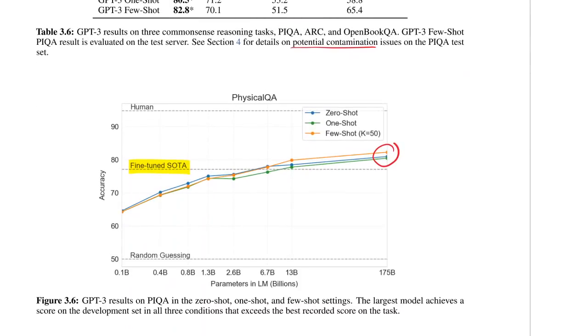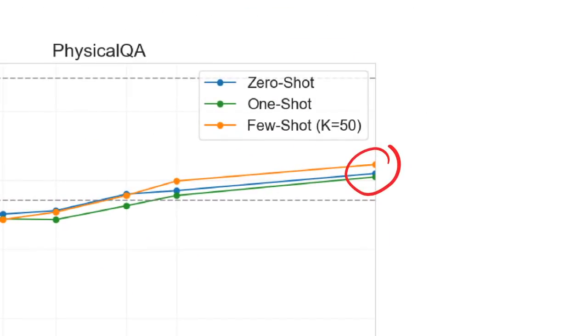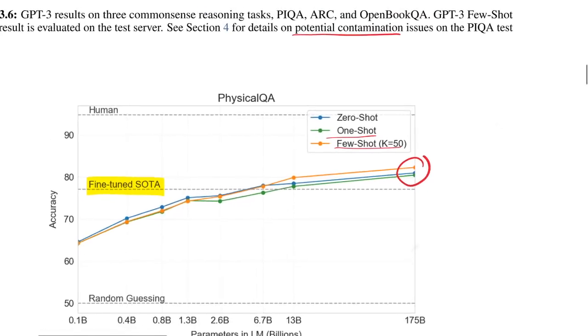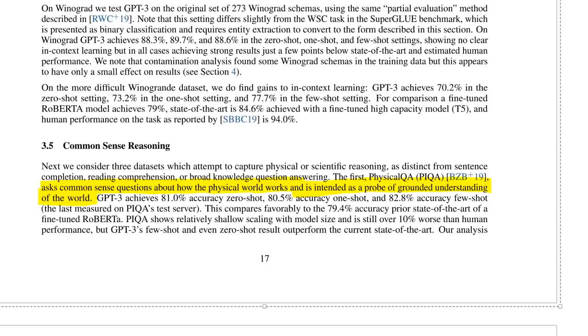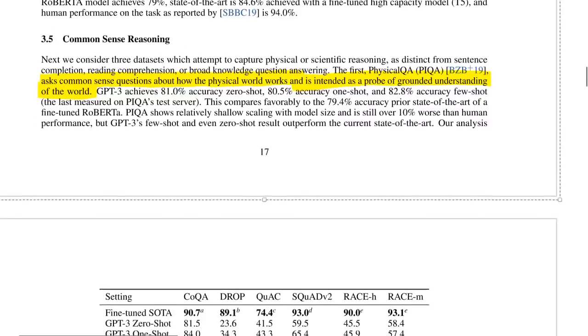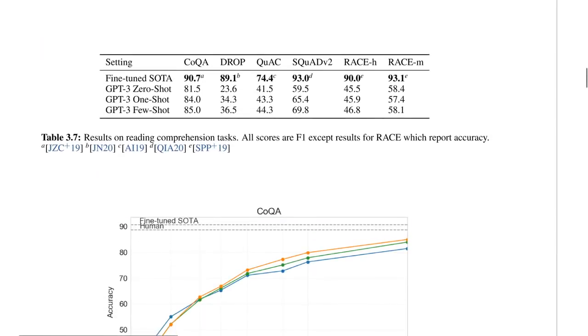And also the fact that if you provide a demonstration or many demonstrations, it doesn't actually change that much, tells me that the model sort of already knows what the answer is and doesn't really need demonstrations, because it doesn't help. If you have the training data or the test data stored, you don't really need demonstrations, right?